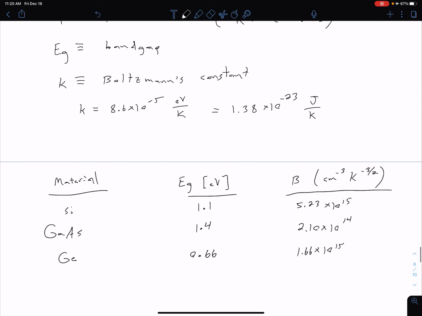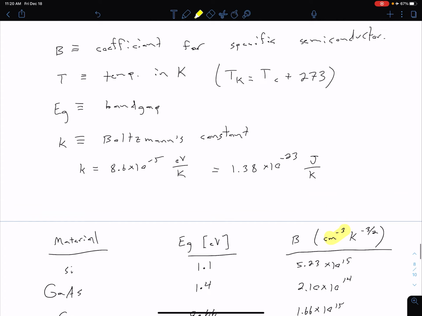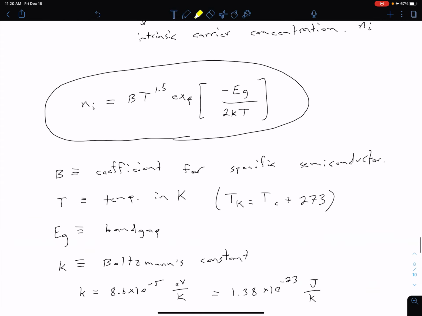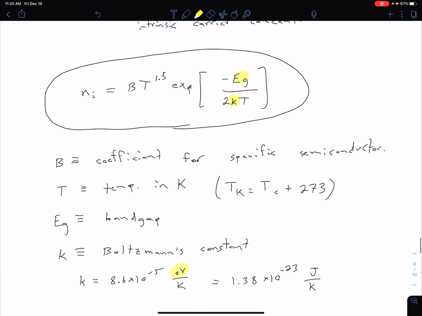A couple of things that we can note from looking at these units is we see this B has units of per cubic centimeter. The Kelvin to the minus 3/2 is going to cancel out with the Kelvin here. We want to make sure that whatever k we're using here, a Boltzmann constant, the units agree with this. So for instance, if we have our band gap in electron volts, we want to use our Boltzmann constant that has electron volts.